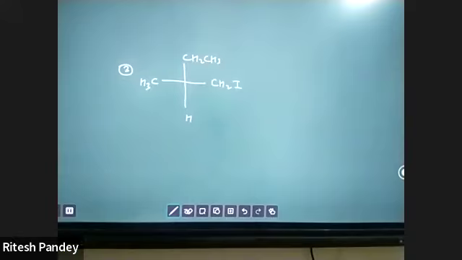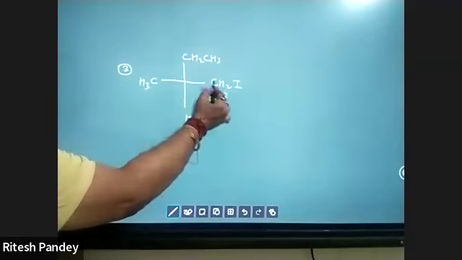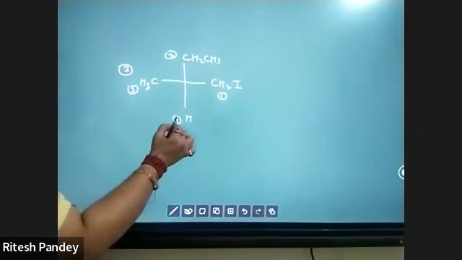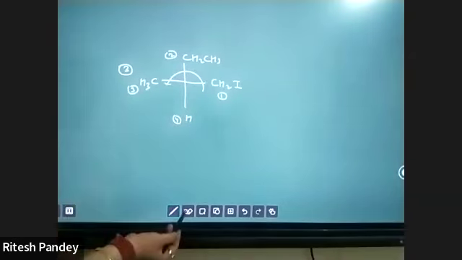Come on, tell me quickly, which is priority 1? Iodide wala CH2. Yes. Carbon then iodine. So this is 1. Then carbon, carbon, then carbon, hydrogen, and this is hydrogen only. This is anti-clockwise, hydrogen vertical, nothing out of place.